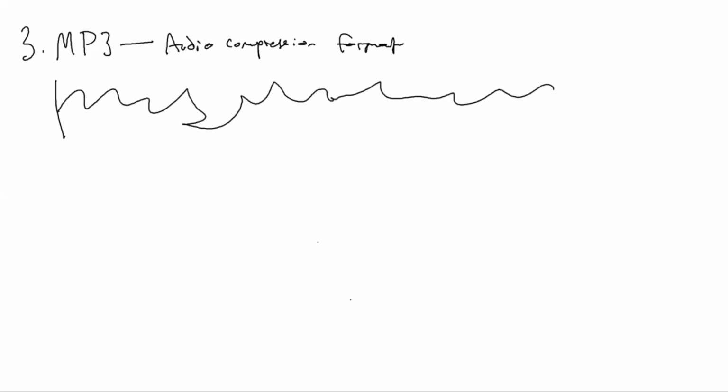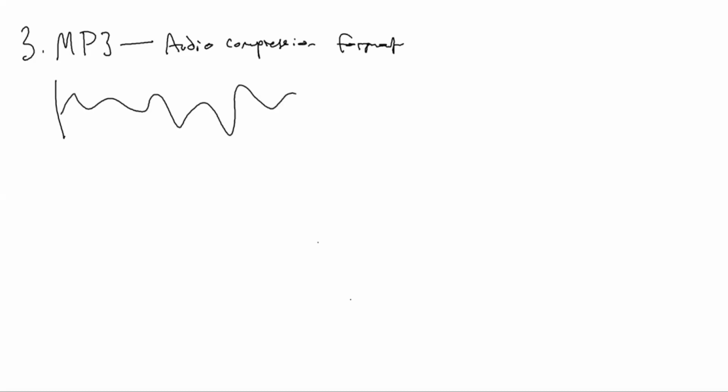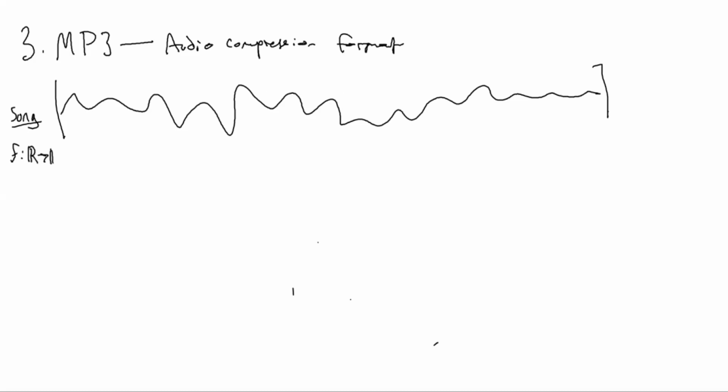Okay, it doesn't look like a function anymore, but a song is just some wave pattern on some interval. So it's like some function from maybe not R to R, but from some set of R to R. So what do you do? Well, you break it into chunks of length 2 pi. Why not?